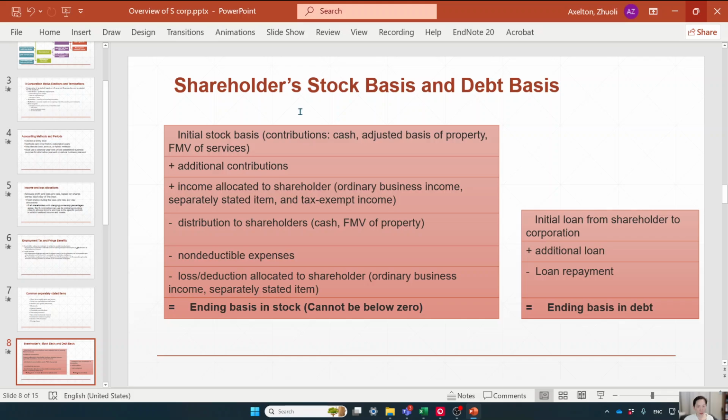And from a shareholder perspective, the shareholder stock basis is separate from the debt basis, which is different from the partner's basis tracking as well.